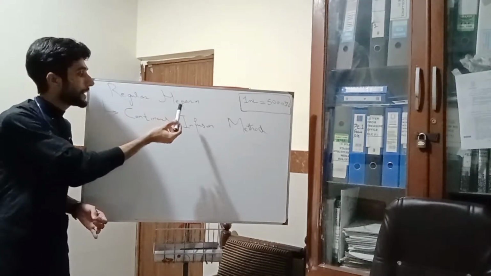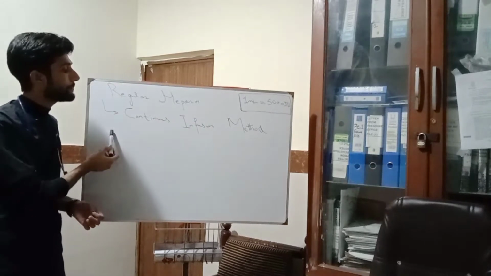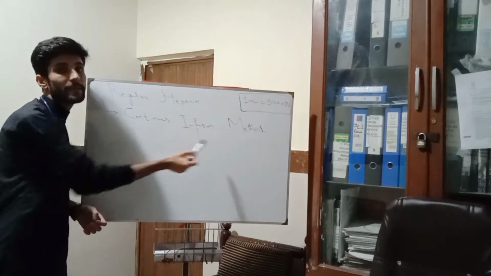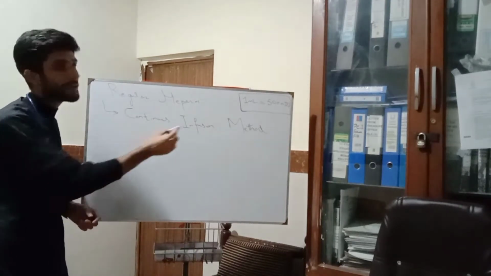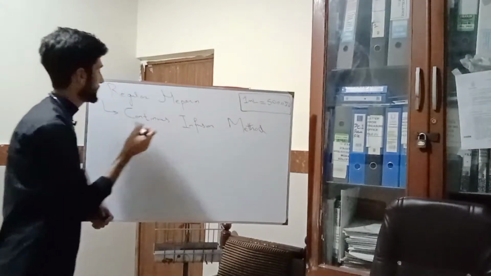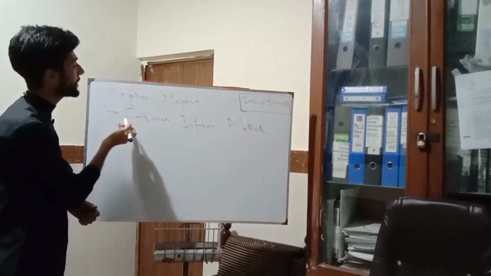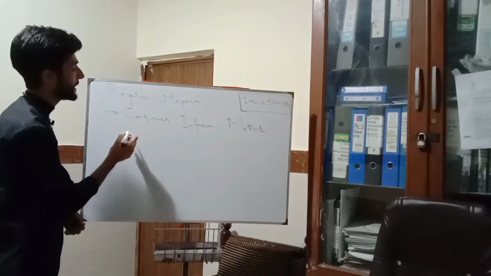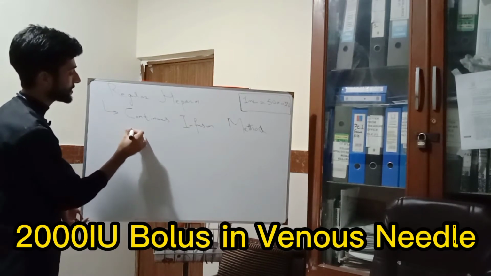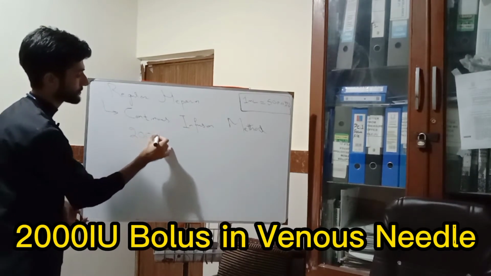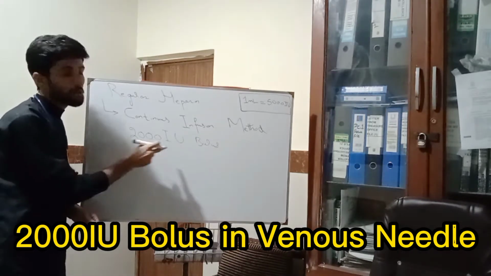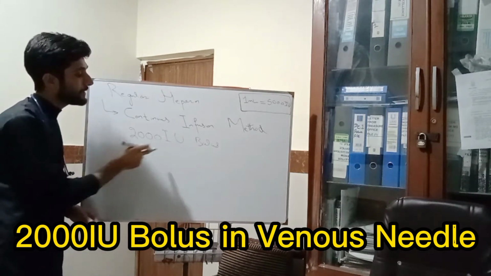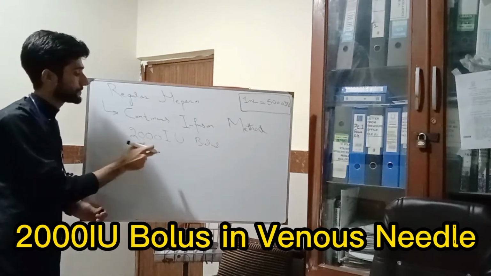In regular heparin there are the continuous infusion method and the bolus method. As we discussed earlier, 1 ml of heparin is equal to 5000 international units. If we are going to give the continuous infusion method, then we have to give a 2000 international unit bolus in the venous bloodline of the patient.